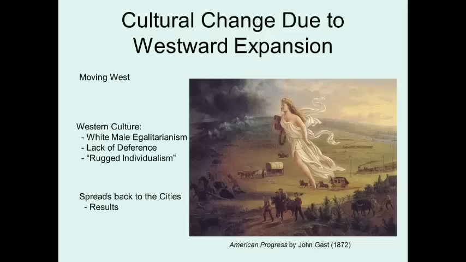A second reason for the rise of the age of Jackson is going to be cultural change due to westward expansion. With the transportation and market revolutions, as well as the addition of plenty of available land, people do start moving west.